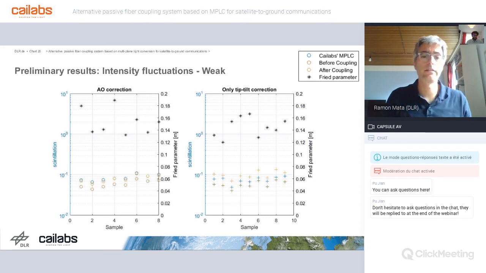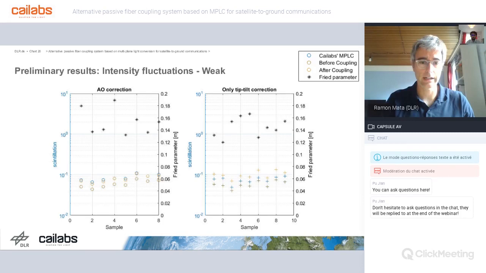So here we can see then the results. We had here a double axis. On the left part we have the scintillation, so the fluctuations of the received signal. And on the right axis, we had the free parameter as a reference value, calculated, as I said.